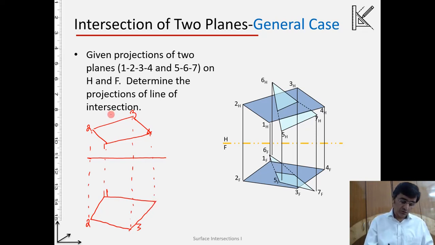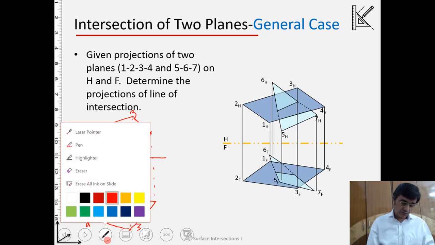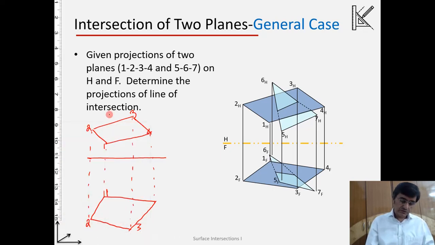Similarly, plane number 2 is given to you. I will draw that in a different color to make it more clear. So say that's the point 6, 5 and 7. Now corresponding to 6, let we have 6F here.